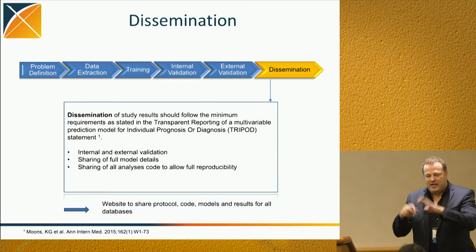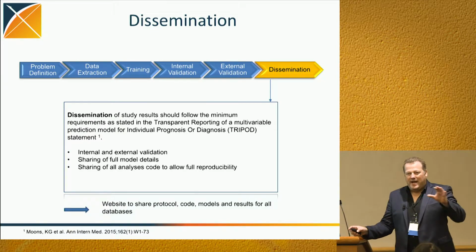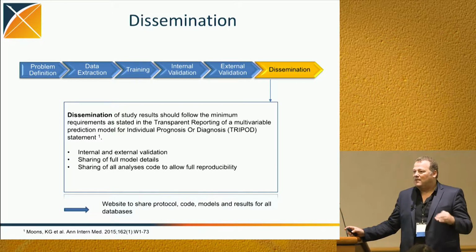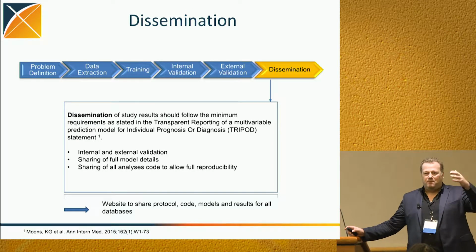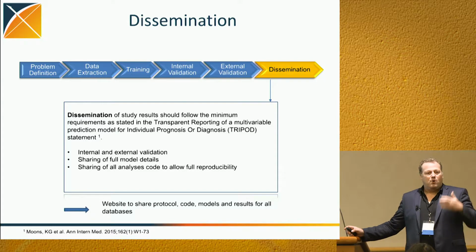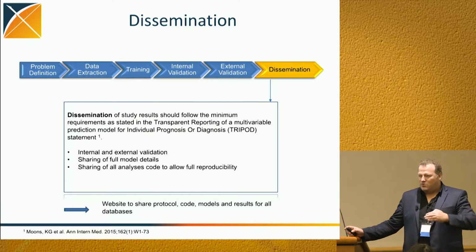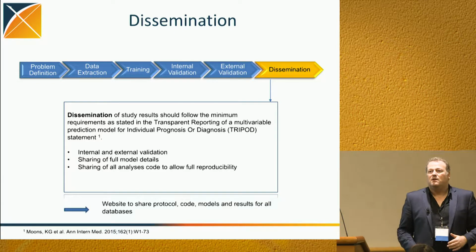So our general OHDSI vision is that we like to move away a little bit from static journal papers where we do a study and we report it. I'd like to go to a situation where we have dynamic results. That means that we publish a paper, we put the data online, but you're welcome to run that study also on your own data and then add your results back to the website so that the body of knowledge is growing over time.